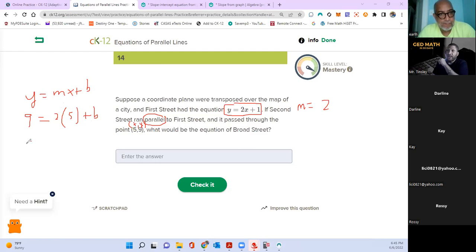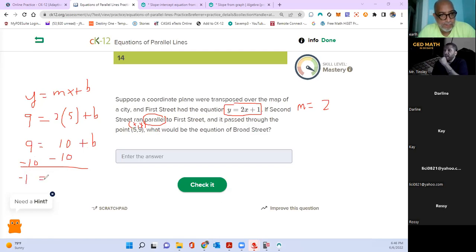Now let's simplify. 9 equals, what's 2 times 5? 10, plus b. How can I get b by itself? What do I need to get rid of? Subtract 10 from both sides. What is 9 minus 10? Negative 1.